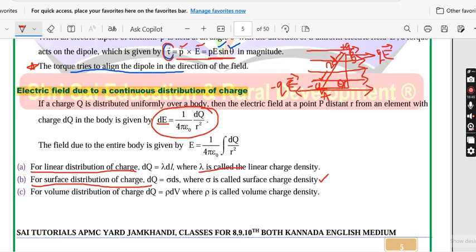When a charge is distributed continuously over a volume, then we will call it volume distribution of charges. So let us consider any volume here, it may be in any shape, in which a charge is uniformly distributed.